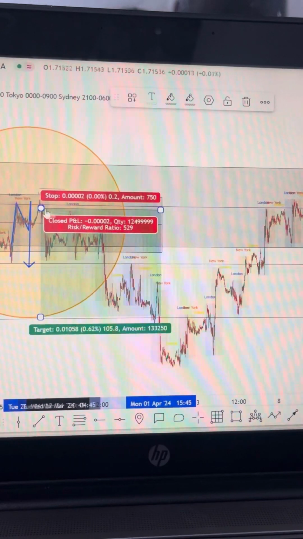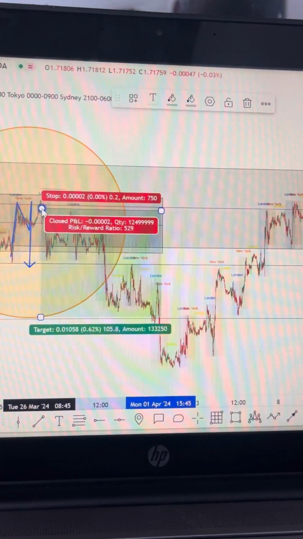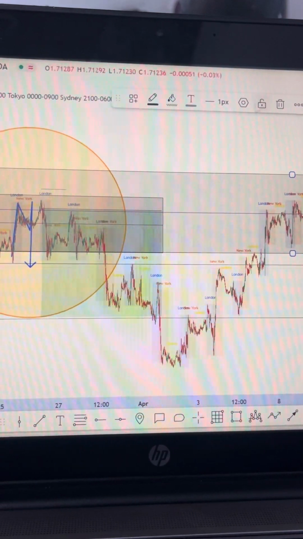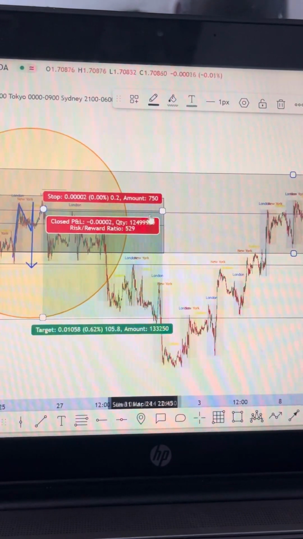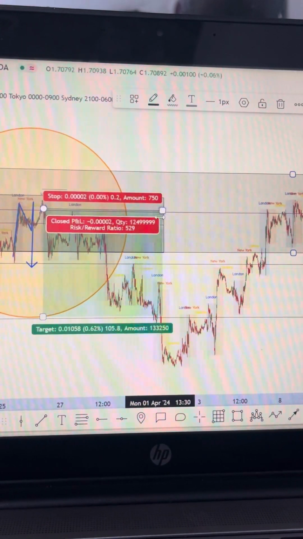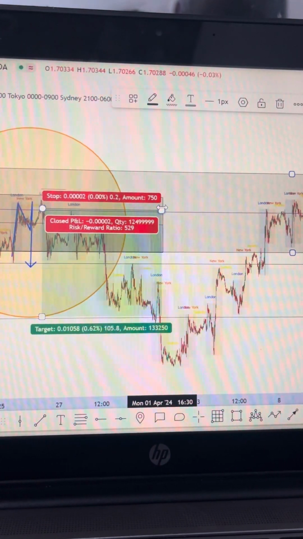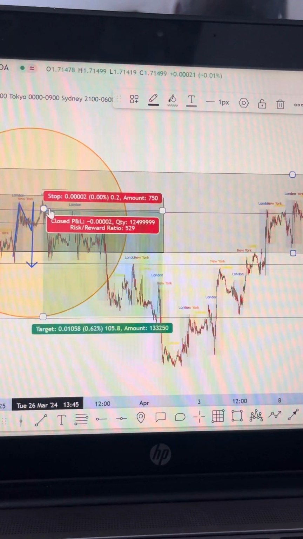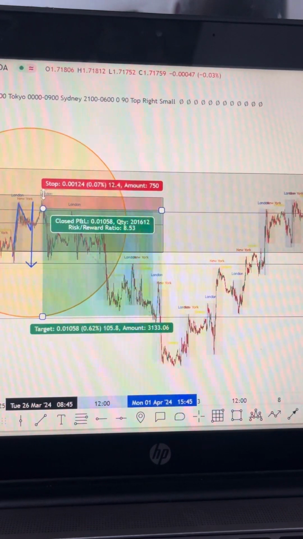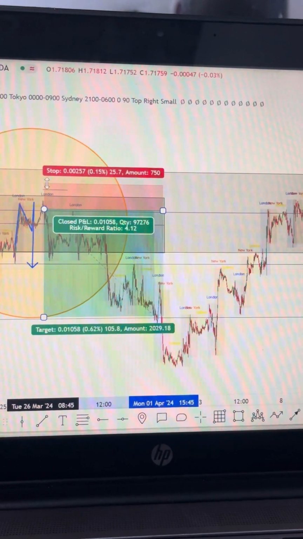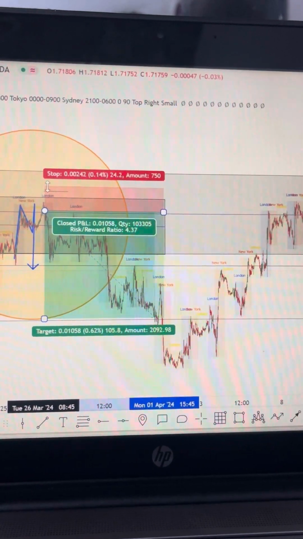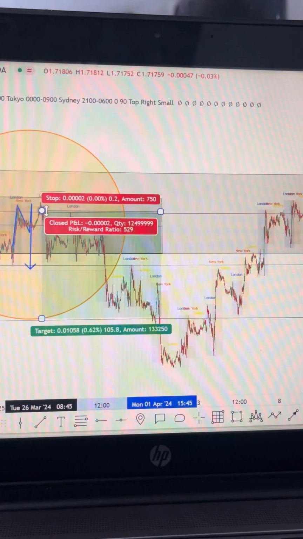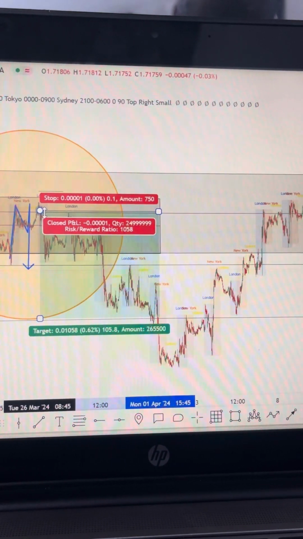Remember, I was risking 25 pips, this whole place from this red place. So I adjusted my stop loss to my entry where I entered the market, risking nothing again in the market.